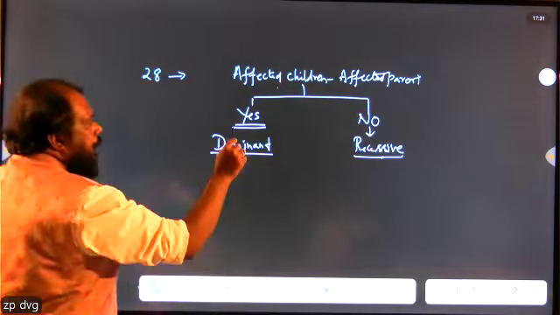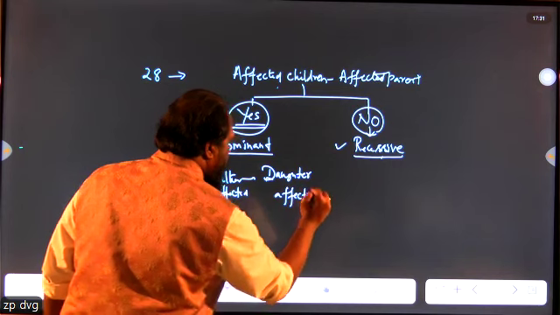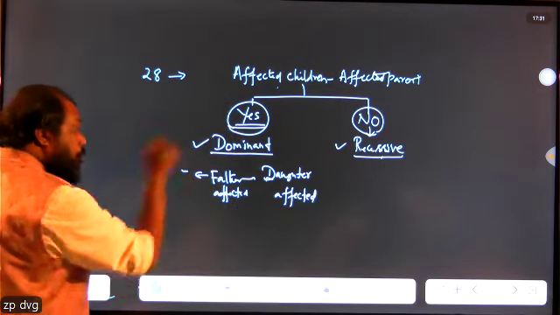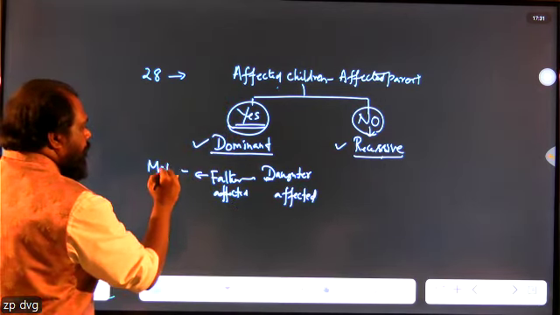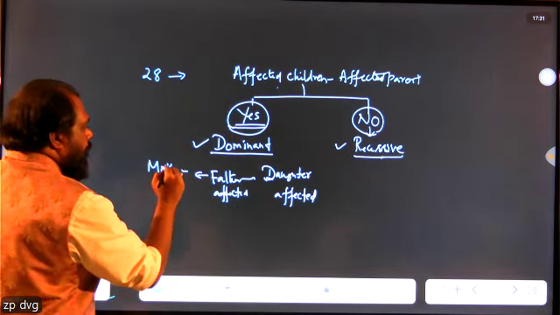Now we will find autosomal or X-linked. Look at that. If the father is affected, his daughter also will be affected, and his mother also will be affected. Understood now?